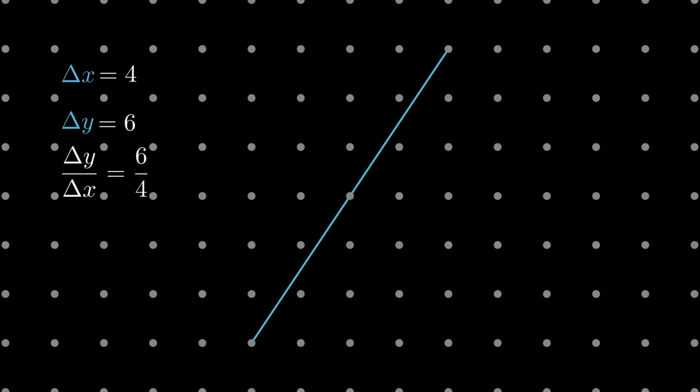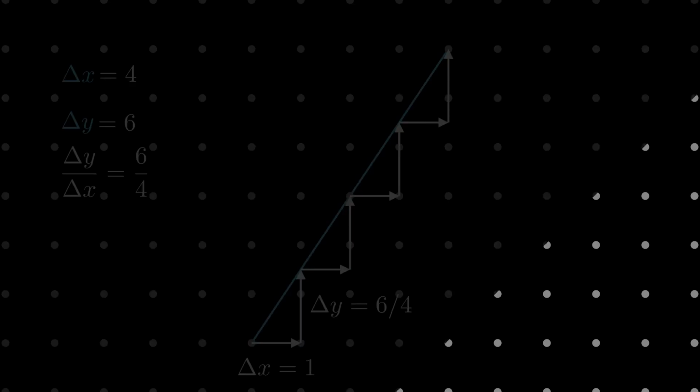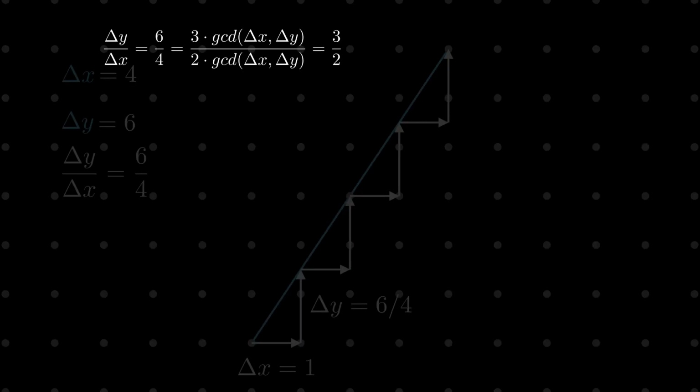If we step one x value to the right, y increases by exactly the slope, 6/4. 6/4 is the same thing as 3/2. That means we can cancel out a factor of the GCD of delta x and delta y. GCD here meaning the greatest common divisor of those numbers. Now the slope is 3/2.